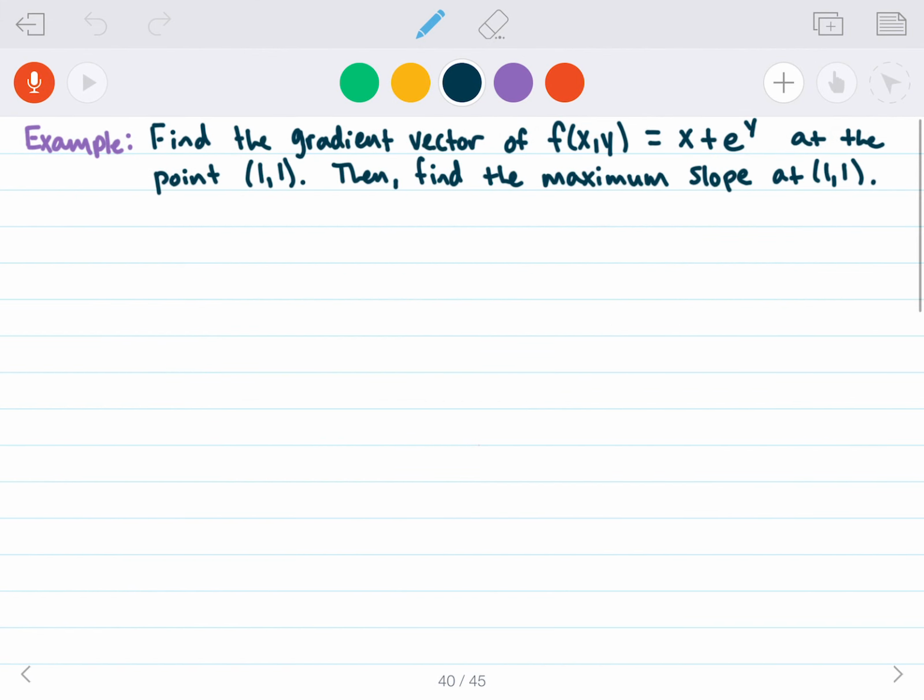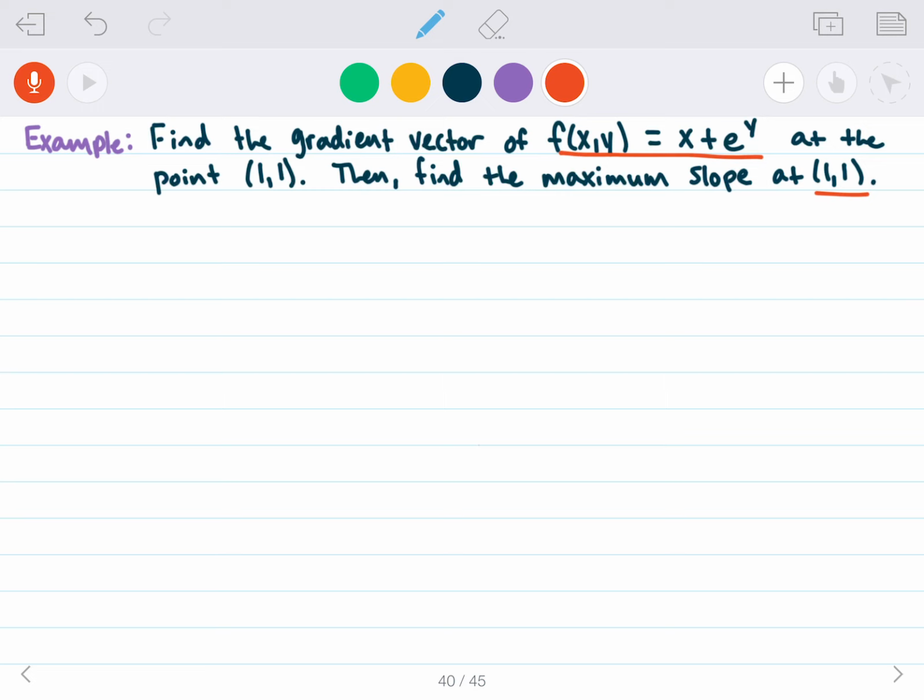All right, so let's go ahead and do some computation examples here. We want to find the gradient vector of a function at the point (1, 1), and then find the maximum slope at (1, 1). So we have this surface and a point, and we're trying to find, first of all, where the tangent line should point, the gradient vector, and then we're going to find the maximum slope at that point by taking the magnitude of the gradient vector.